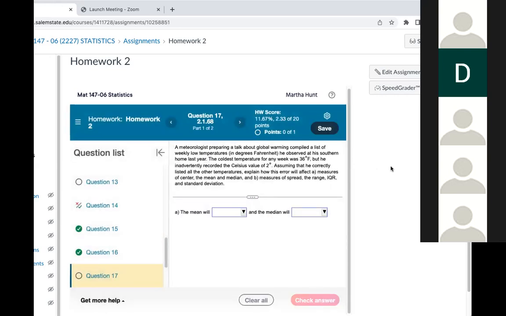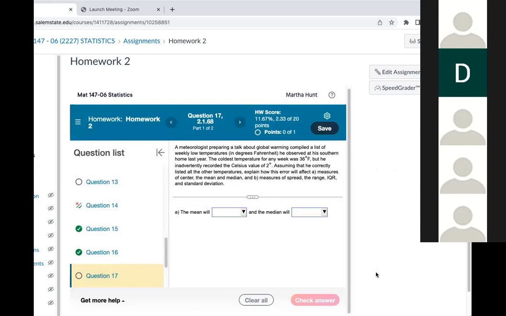So I have to move things here so I can see. Okay. All right. So in this problem, we're recording weekly low temperatures that were observed in a southern home last year.